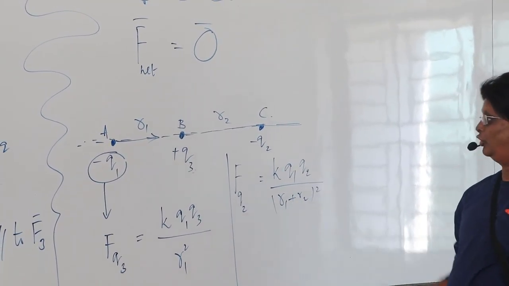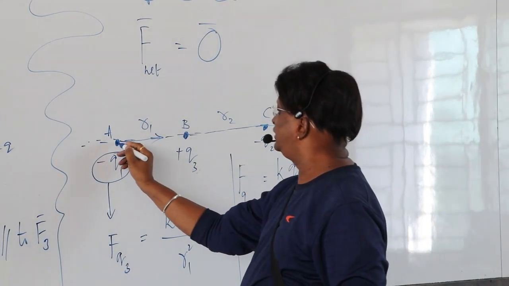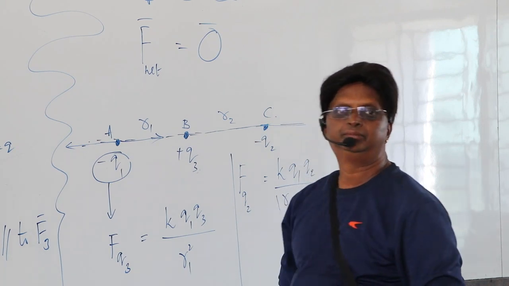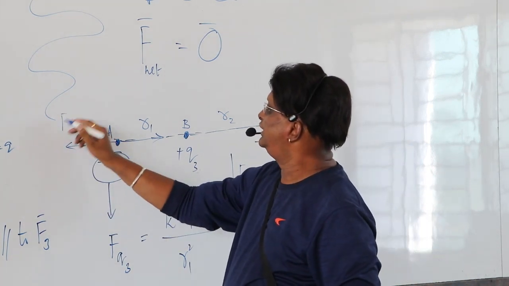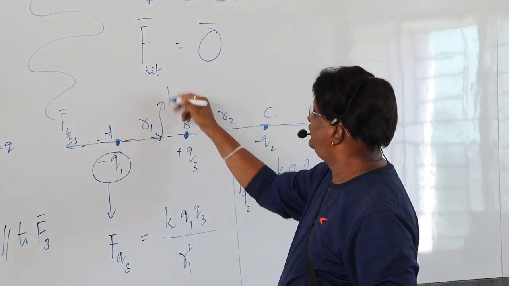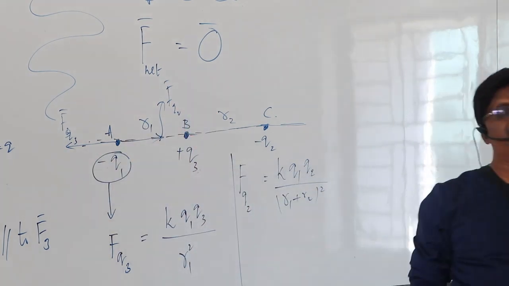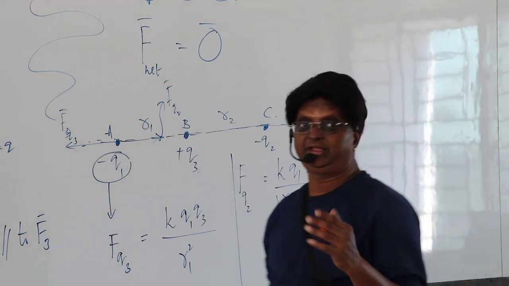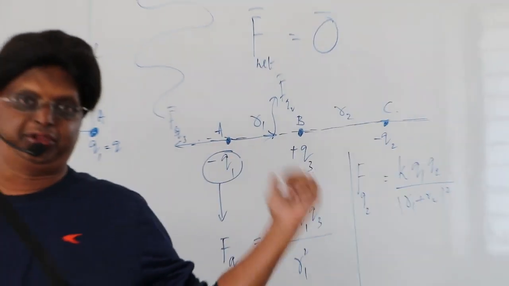Now what vectors can you draw here? Since they are like charges, it is repulsion. So this is the vector F Q3 bar, and this is the vector F Q2 bar. The force due to Q2 and the force due to Q3 are in anti-parallel directions. So the two vectors are anti-parallel.